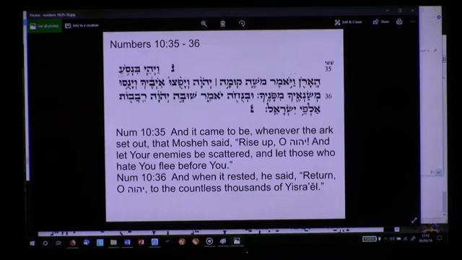It is separated from the rest of the script. It looks different. There's these two inverted nuns. They do not appear anywhere else in the Torah. This is it. And there are other things. Someday we will have to look at all of these wonderful things.